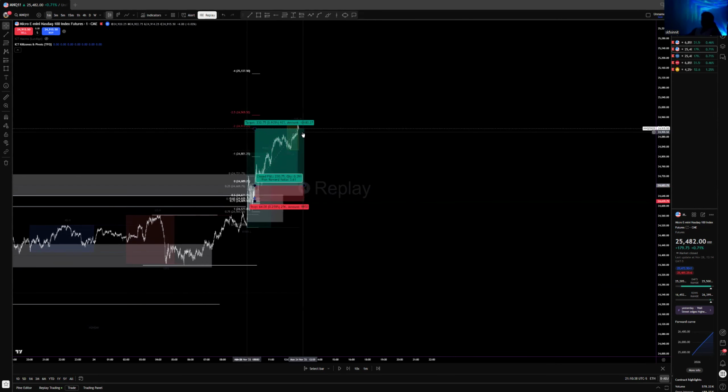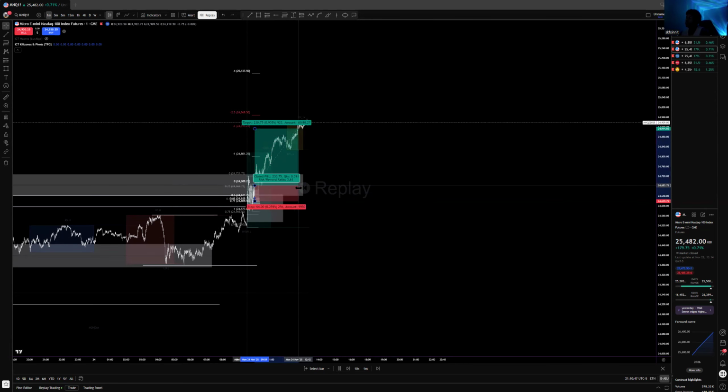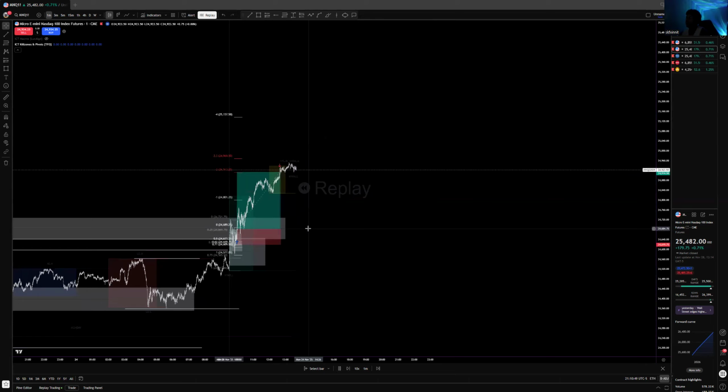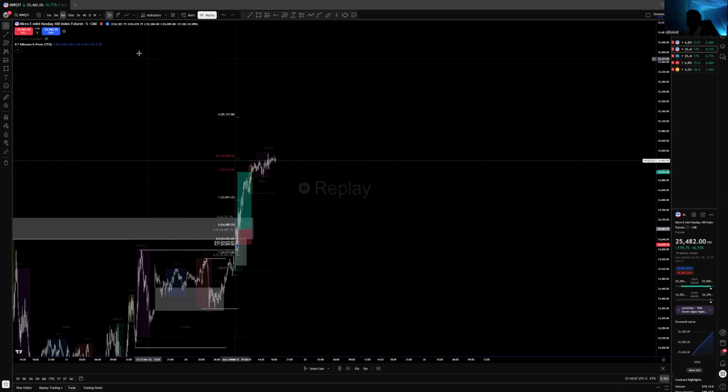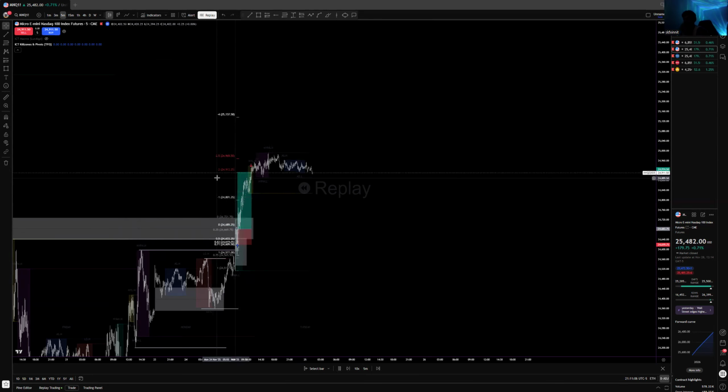If the trade isn't deep green, why would I hold it? Look at the price action after standard deviation. It's literally consolidating over there.